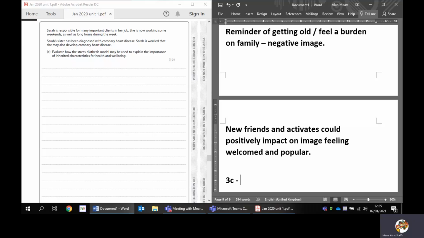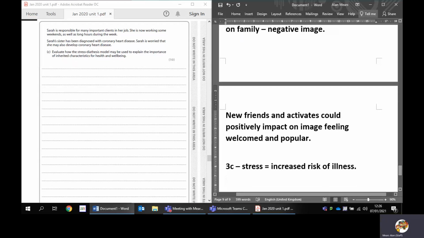And this comes from stress diathesis. It kind of has a little bit of a link to things like Gesell, who talks about maturation theory. But yeah, stress diathesis model. So essentially stress equals increased risk of illness.